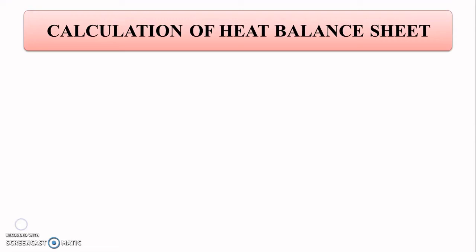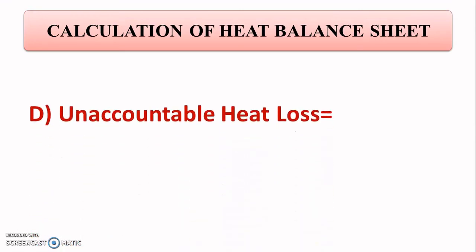So the next term is unaccountable heat loss. Already I had told you the heat can be wasted in terms of radiation and due to frictional losses. So that is the unaccountable heat loss.